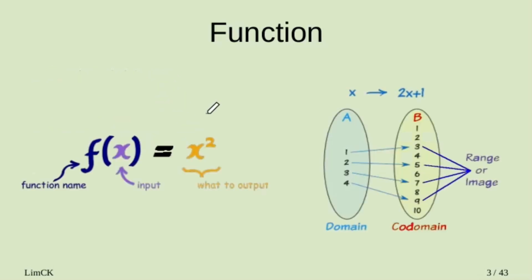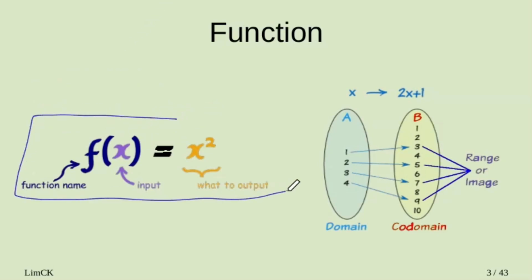Let's start with functions. A function is something normally we write in this form. We have a name of the function, we have some inputs, and then we have outputs. How do we define the mapping of the function?